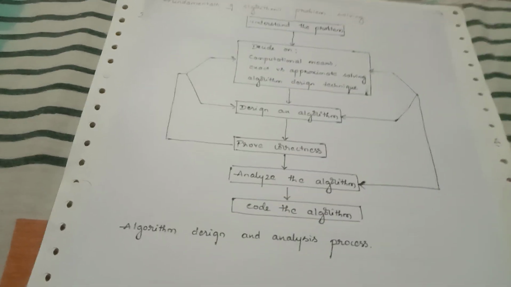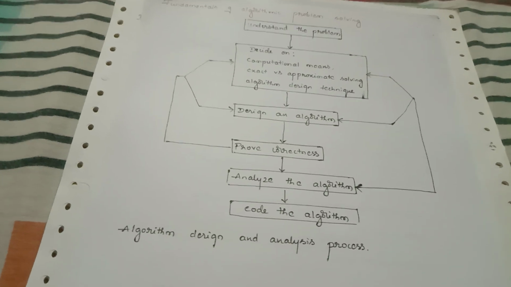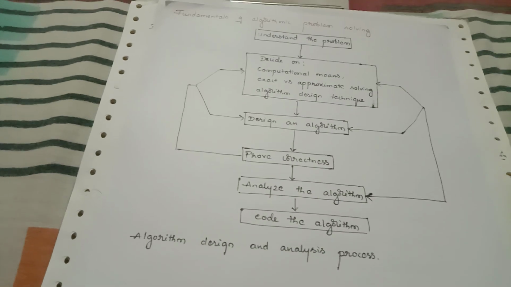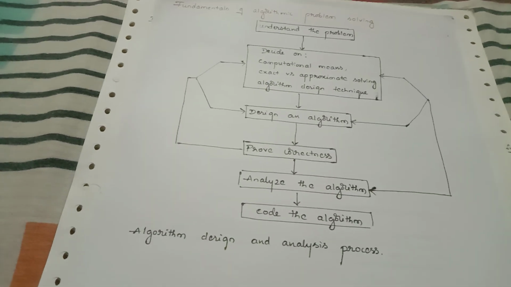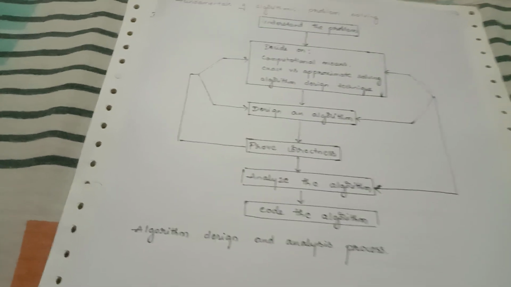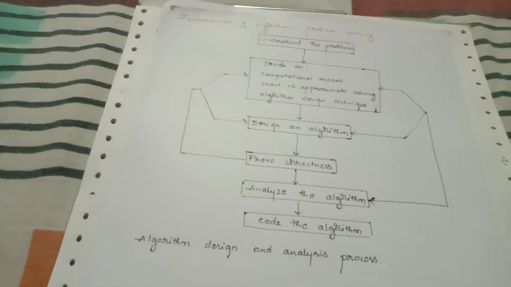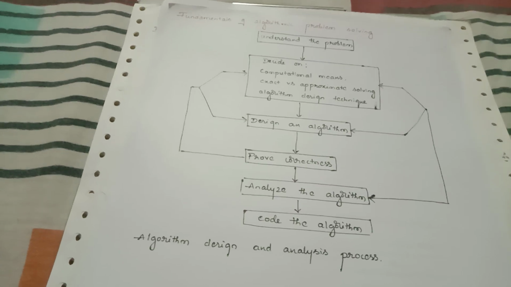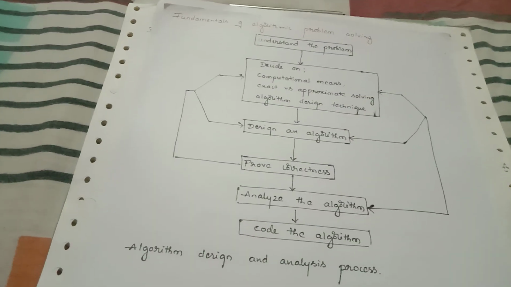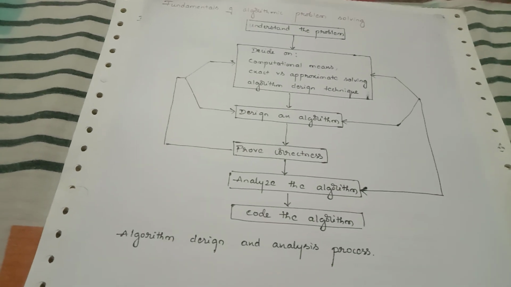Just write the algorithm. But one thing you can keep in mind is that there are two types of algorithms you can write: a sequential algorithm or a parallel algorithm. Nowadays you can go for the parallel algorithm, which runs much faster.